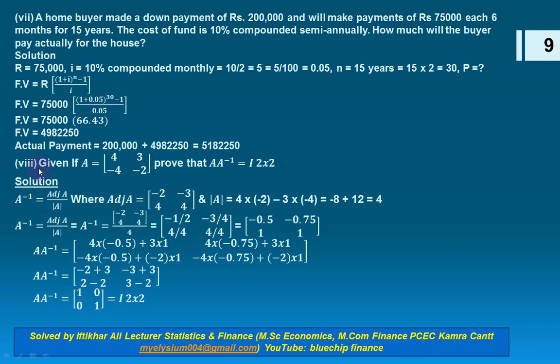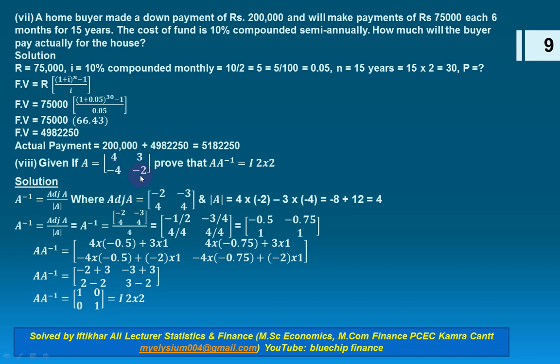Question number 8 is: if matrix A is [4, 3; -4, -2], prove that A multiplied by A inverse is an identity matrix. So simply, A inverse equals adjoint of A divided by determinant of A. For the adjoint of A, we simply interchange the positions of these two elements and change the signs of these two elements.